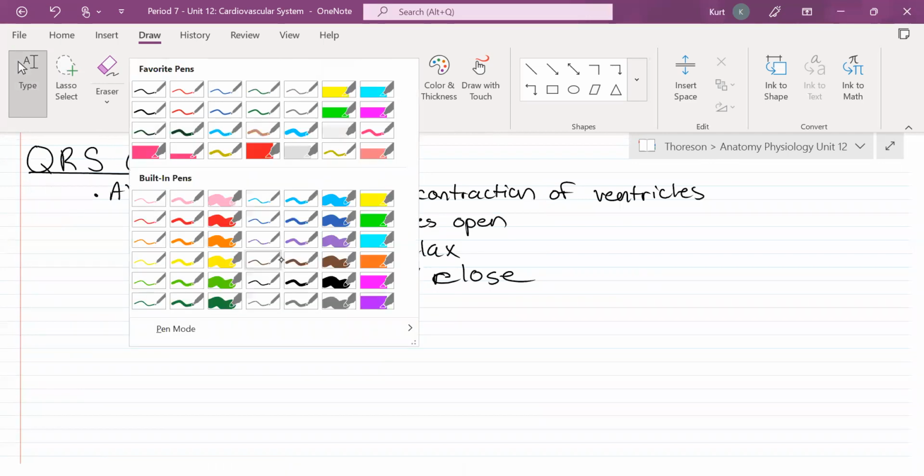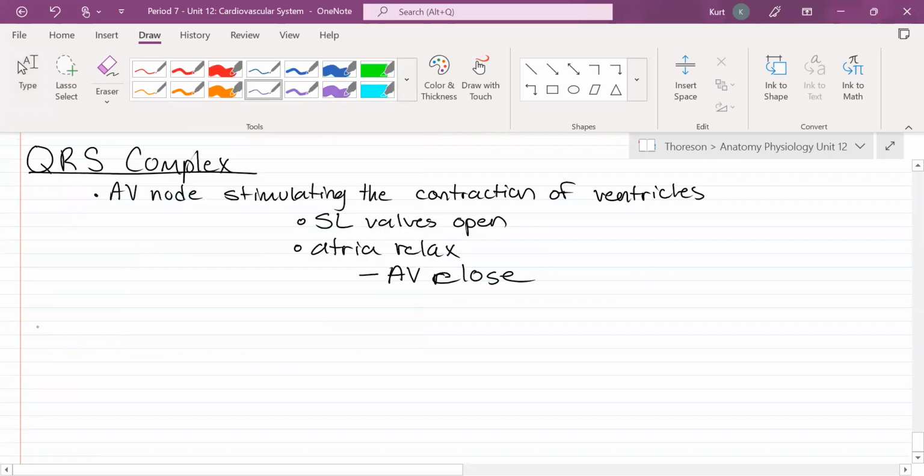Okay. And then lastly, we have your T wave. This is going to be the ventricles reset. And they get ready for the next one.